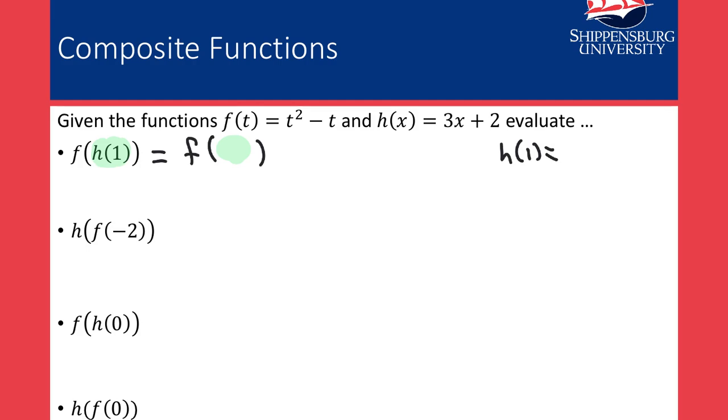The formula says h of x is 3x plus 2, so h of 1 is 3 times 1 plus 2, which is 5. So h of 1 is 5. f of 5, because we're given an algebraic formula for f, is going to be the result of plugging 5 into the algebra formula for f, so 5 squared minus 5, and that's 20. So the final answer here is going to be 20.